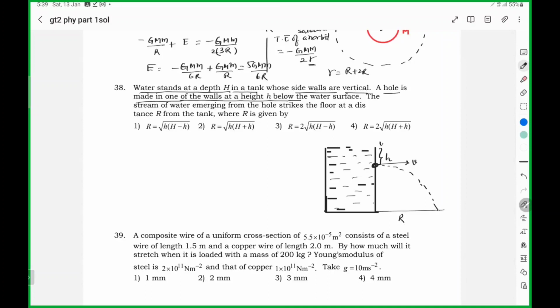So what is the velocity when water comes out at this particular point? It is root 2gh. So it's like a horizontally projected body. Total height is H, so the height of the hole from the floor will be H minus h.